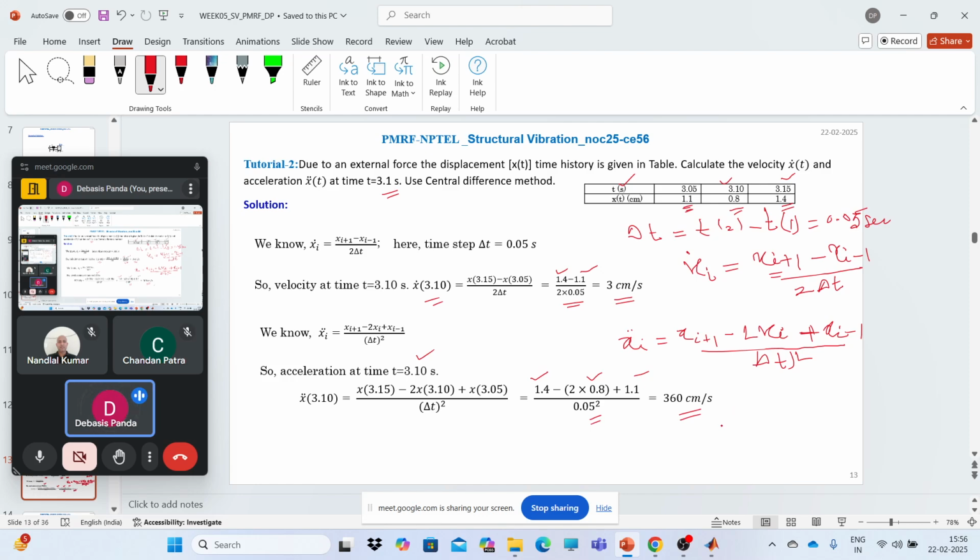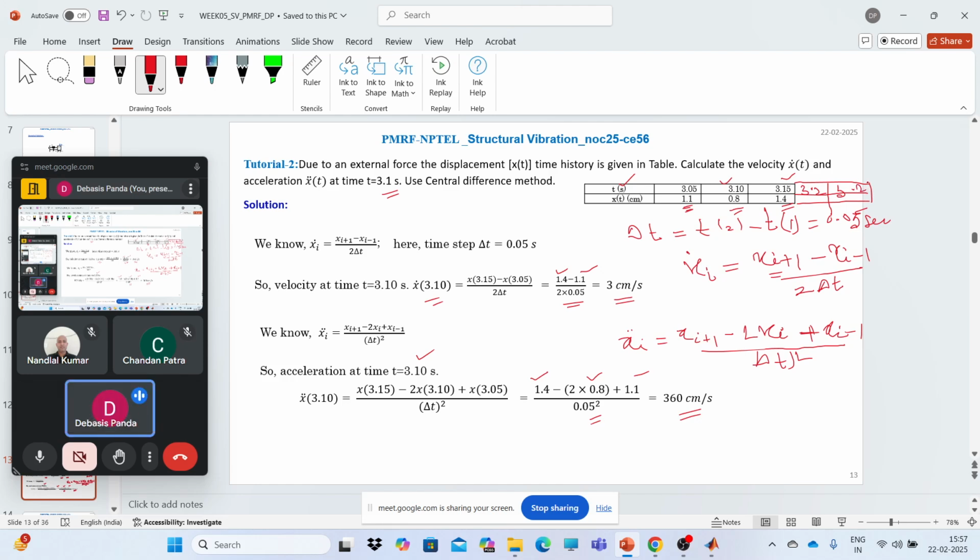So please check the calculations. Now instead of this table, if we provide a different kind of table, a little bigger, if I put another two time instants and two responses, like 3.2 second and 3.25 second, with 1.6 as a response.